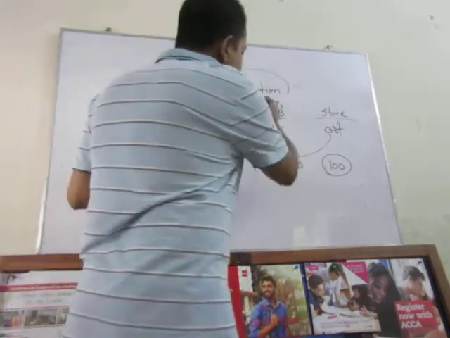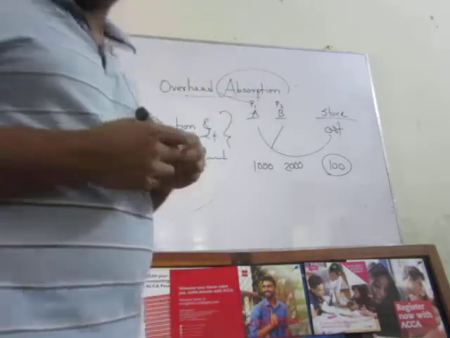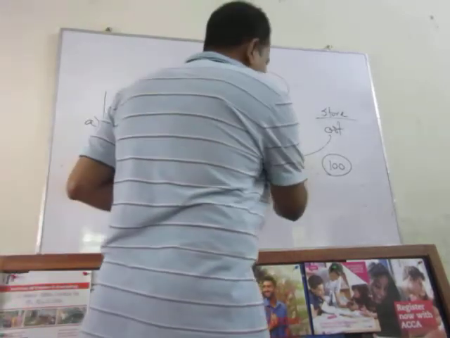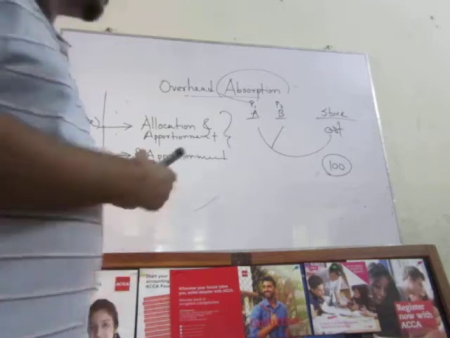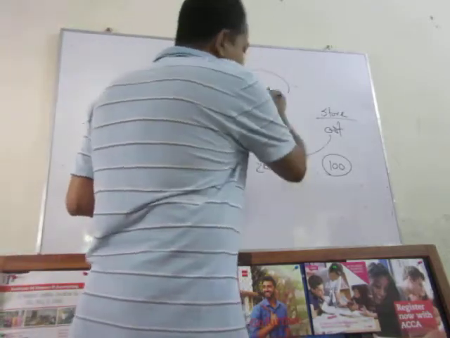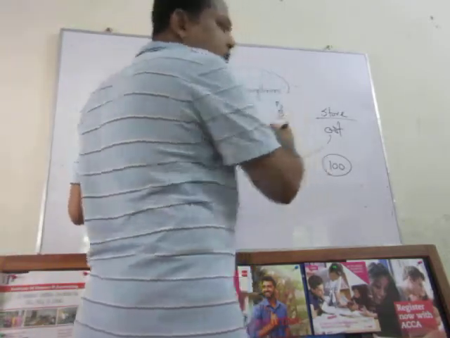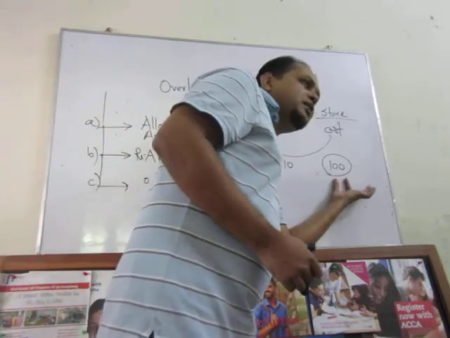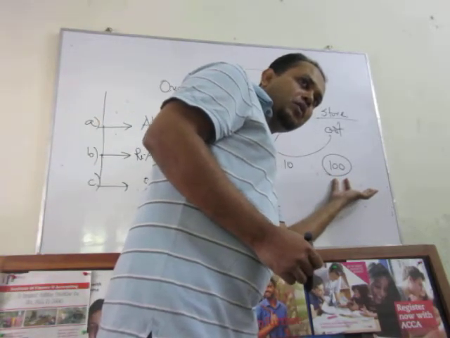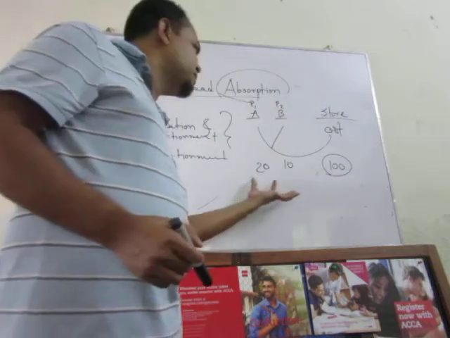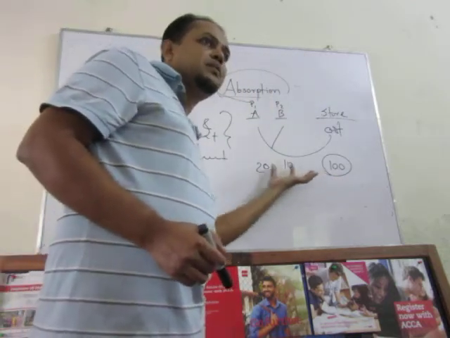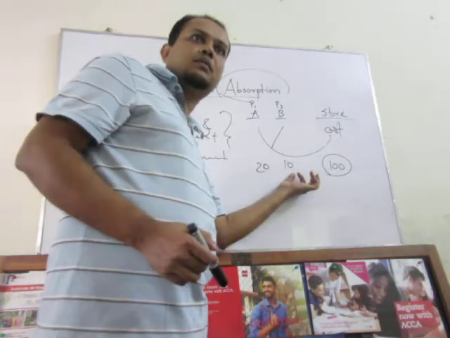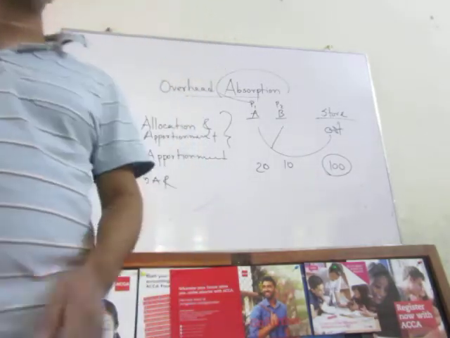Suppose the maintenance crew works 20 hours for this department and 10 hours for this department. So we'll have to distribute this $100 of maintenance cost between the production departments depending upon the hours proportion, 2:1. Clear? The store আমরা কিভাবে ভাগ করতেছি?